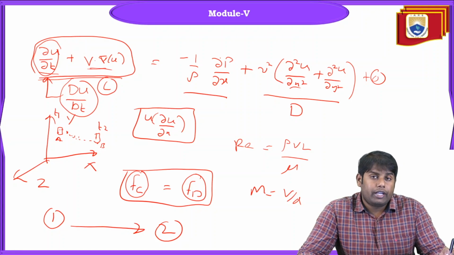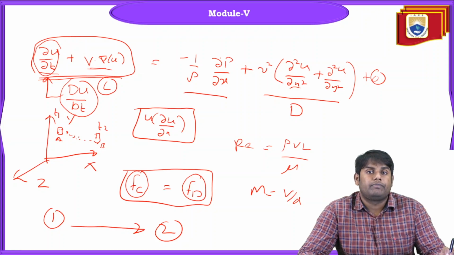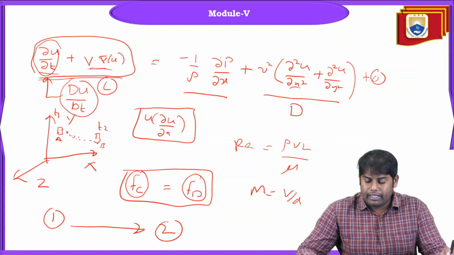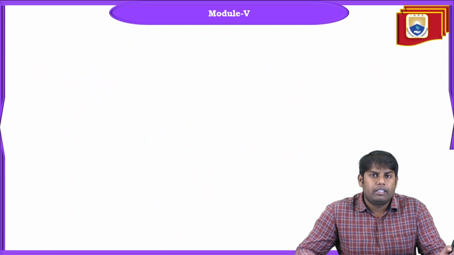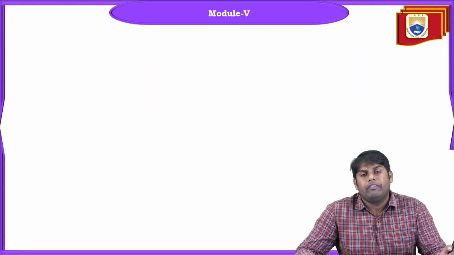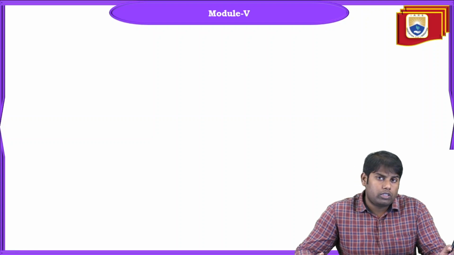The other case is hypersonic or supersonic flows, where the convection is very, very high and the diffusion is low. The boundary layer is very, very small and attached near to the body. So here the diffusion is very less. We have seen high Reynolds number and low Reynolds number, high Mach number and low Mach number.